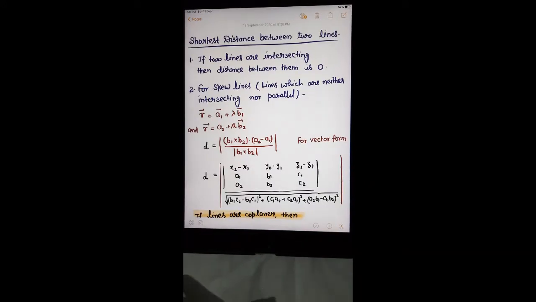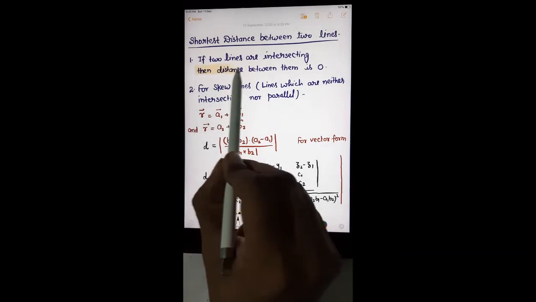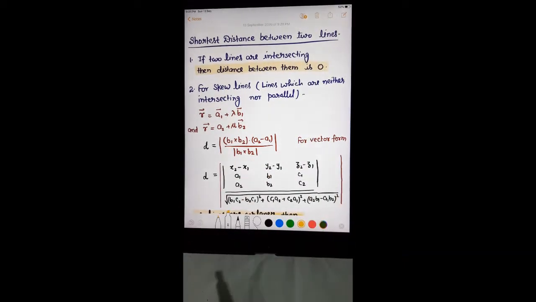So in the first situation, if two lines are intersecting, then the distance between these two lines will be 0, because at that point where the lines are intersecting, the distance is 0. Now the second situation, which is very important, is for skew lines. Skew lines are those which are neither intersecting nor parallel.